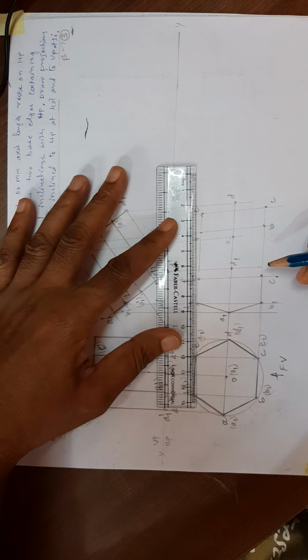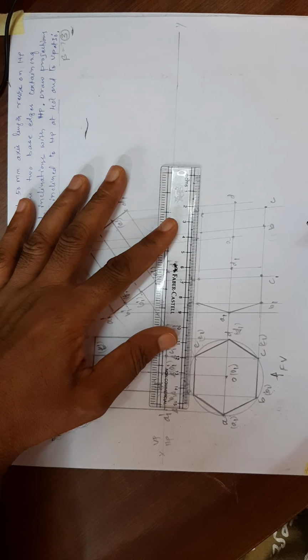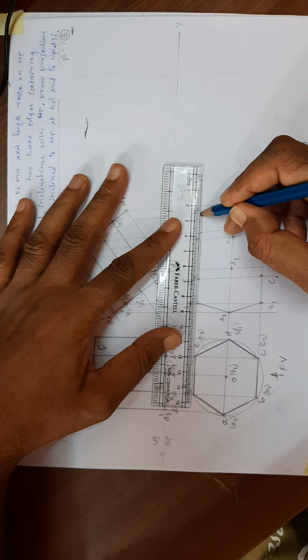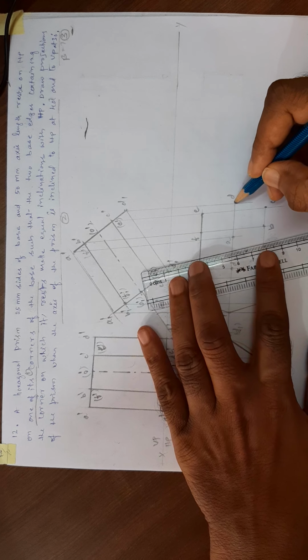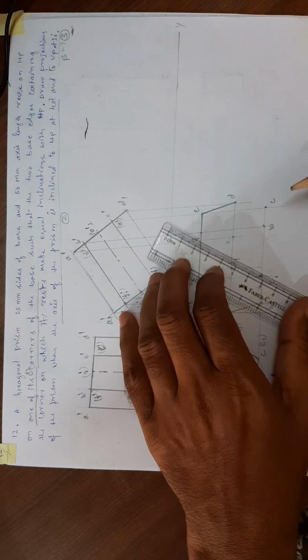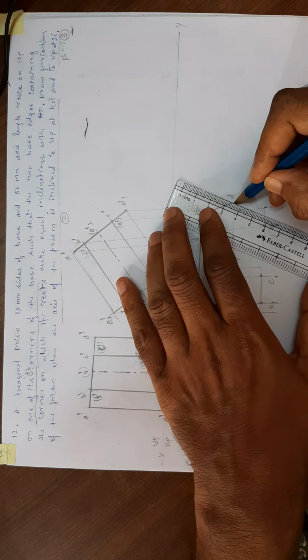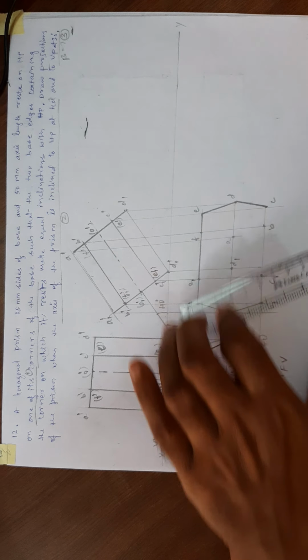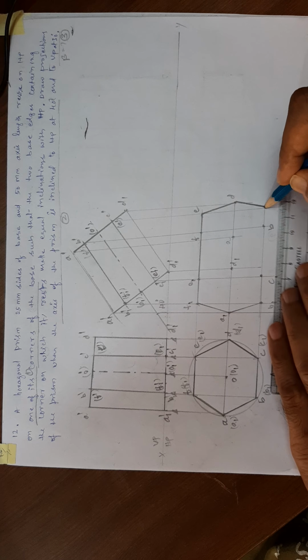All these outline edges fall on the same points. See, joining all these outline edges. Next, E1 to D, next, D to C.